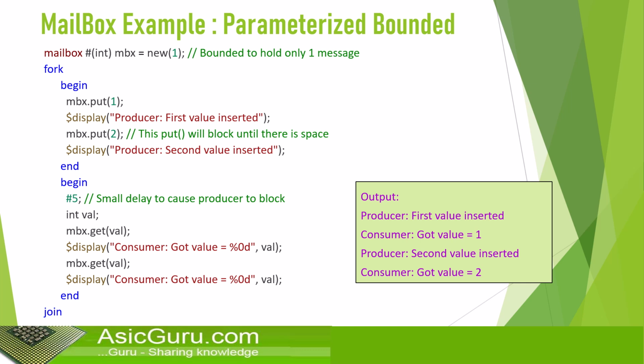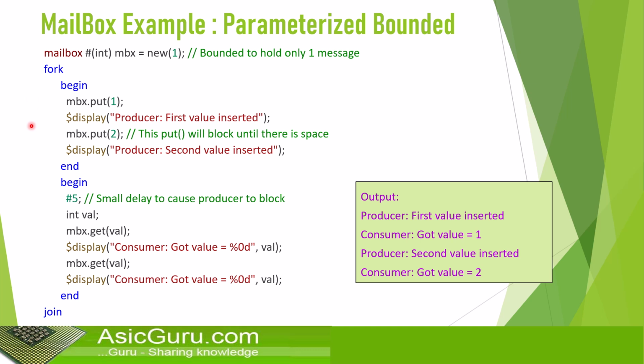Now this is another System Verilog example for parameterized bounded mailboxes. So here again we are creating a mailbox for integers and it is bounded of size 1, means it can hold only one message at a time. Inside the fork join construct we have two parallel processes.